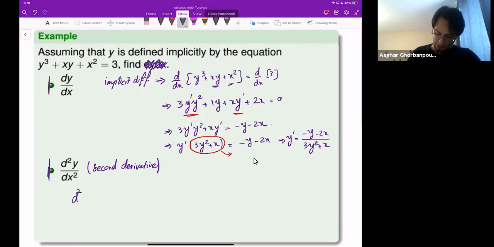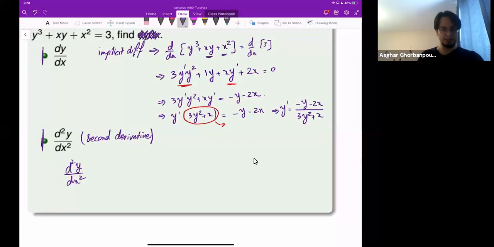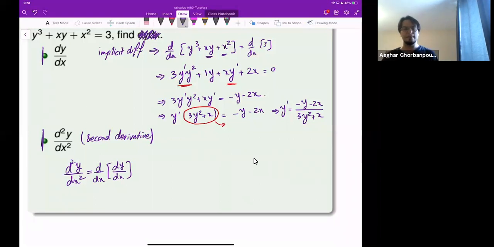Now, the question is, what is the second derivative? How do we differentiate y, which is implicitly given, twice with respect to x? Here, what you should remember is that the second derivative is nothing but the derivative of the first derivative.